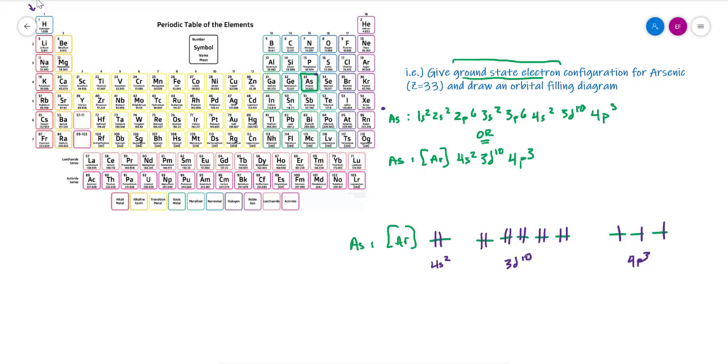And so we've got this top level, this is the n equals 1, so we'd have the 1s orbital filled. That would give us 1s2.